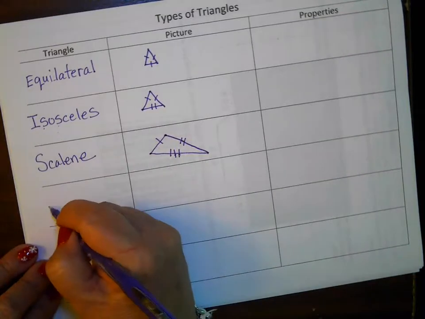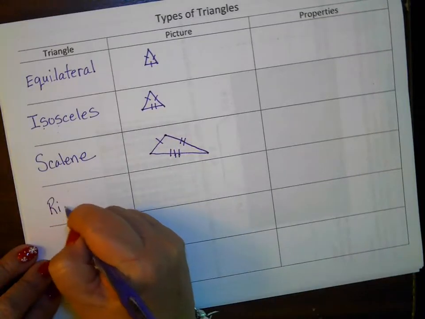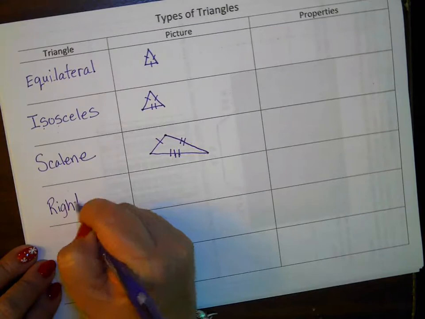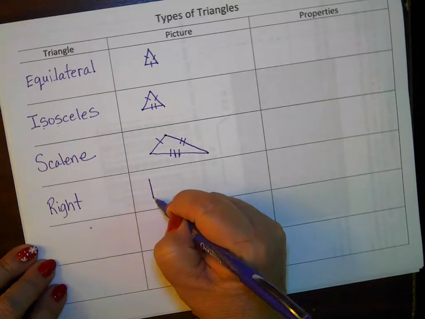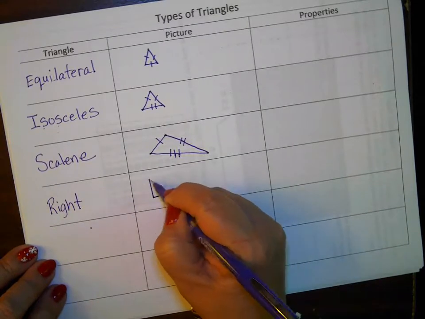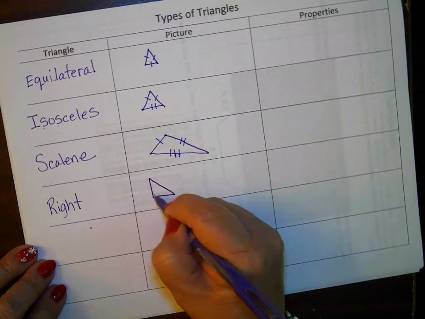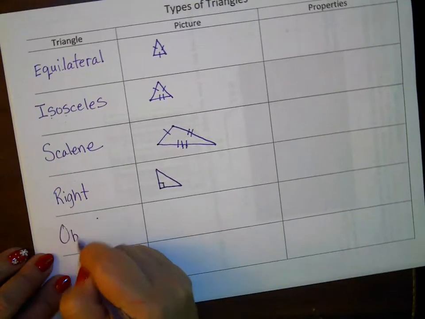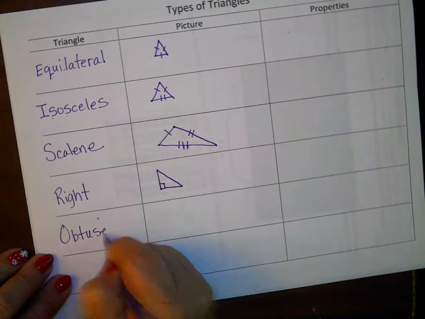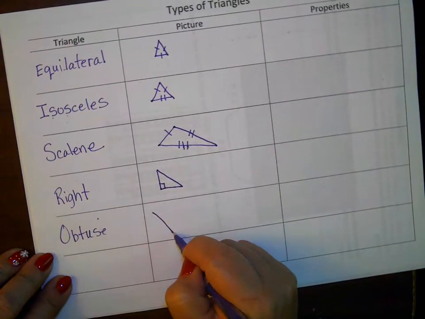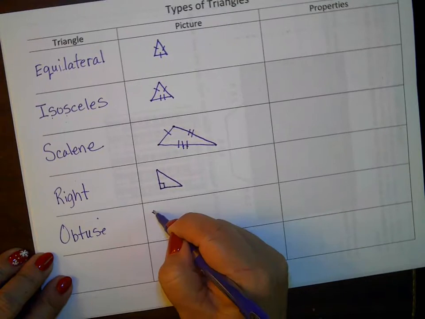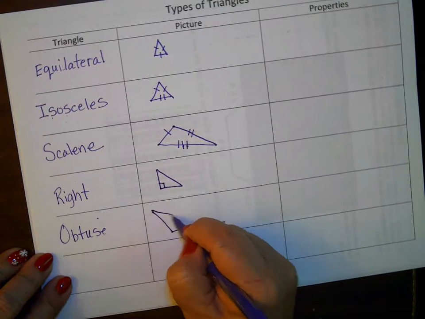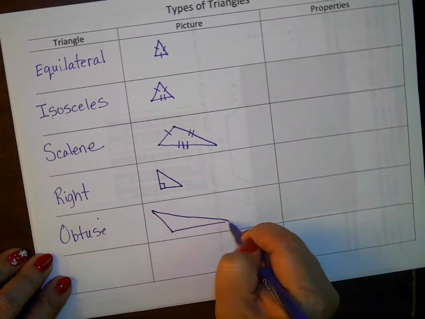The next one is I'm going to have a right triangle or right angle. So I'm just going to draw one with a right angle and then bring this down. The next one is going to be obtuse. This is where I have my obtuse and then two acute angles.